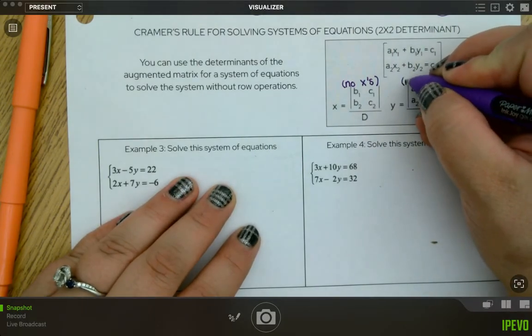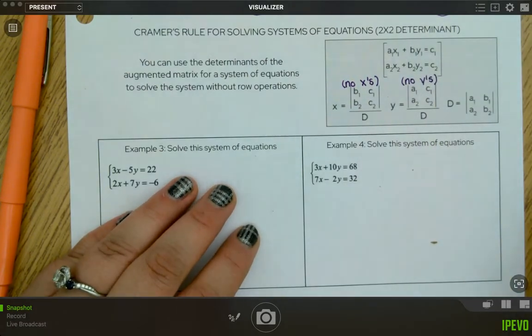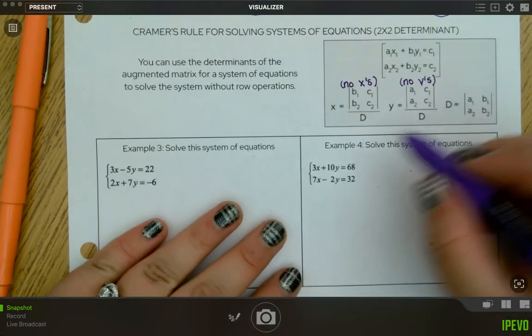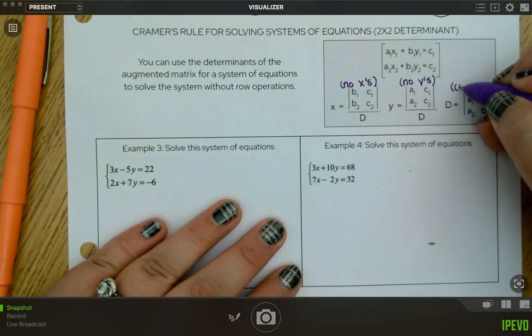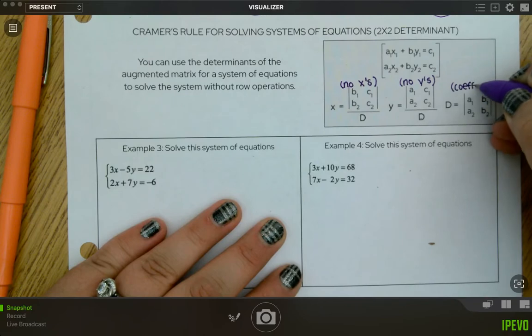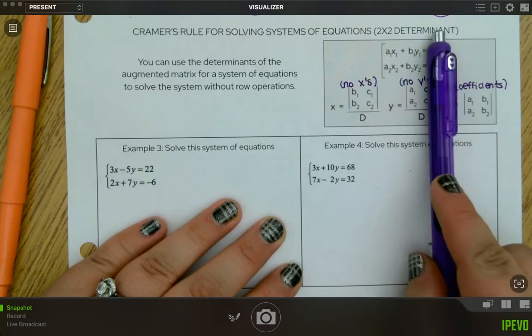So whatever variable you're looking for, you're skipping that column. And then D, this thing that we're dividing both of these by, is the determinant of just the coefficients. So only the things with the x and the y, we're covering up the answer.